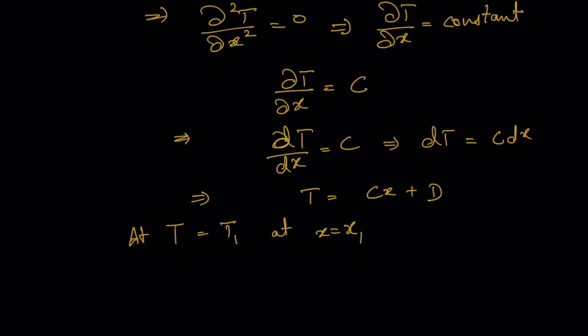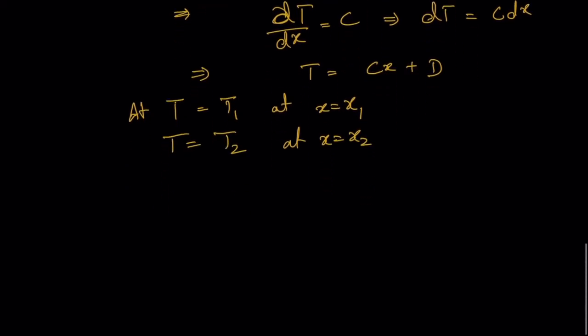So at x equals x1, temperature is T1, and at x equals x2, temperature is T2, right? So if you put these two conditions in the above equation 1, you will get c value as T1 minus T2 divided by x1 minus x2.